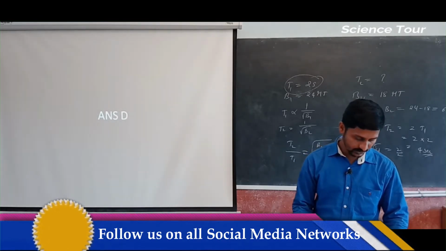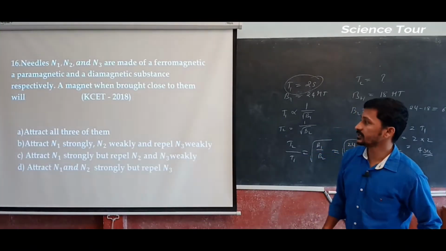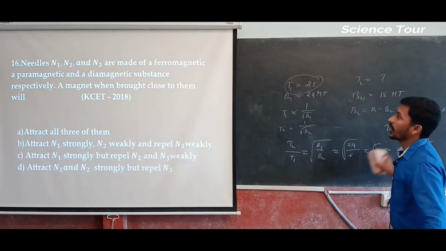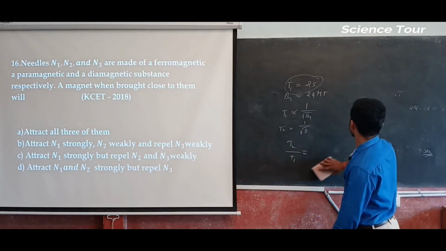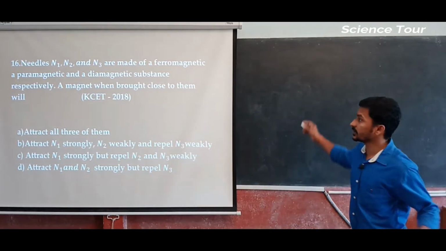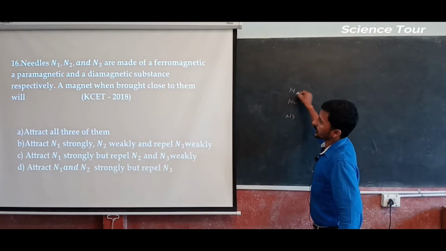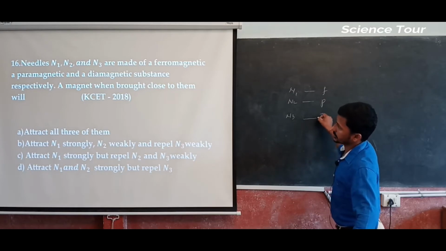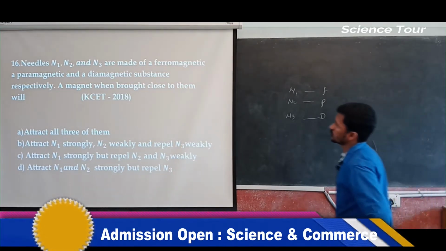So next we are going to talk about the next question, that is needles N1, N2 and N3 are made up of a ferromagnetic, a paramagnetic and a diamagnetic substance respectively.